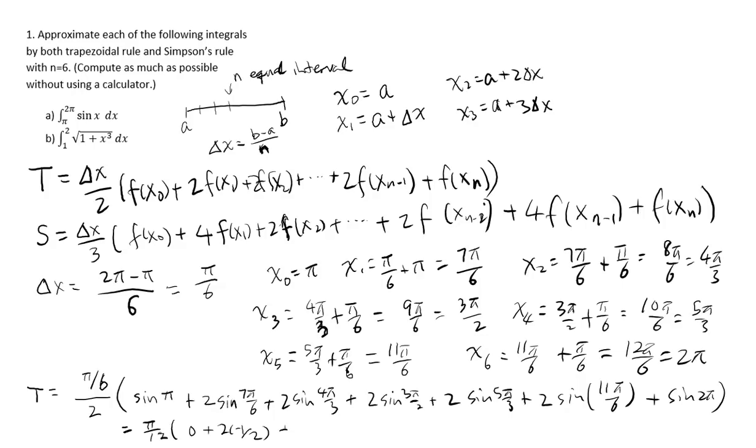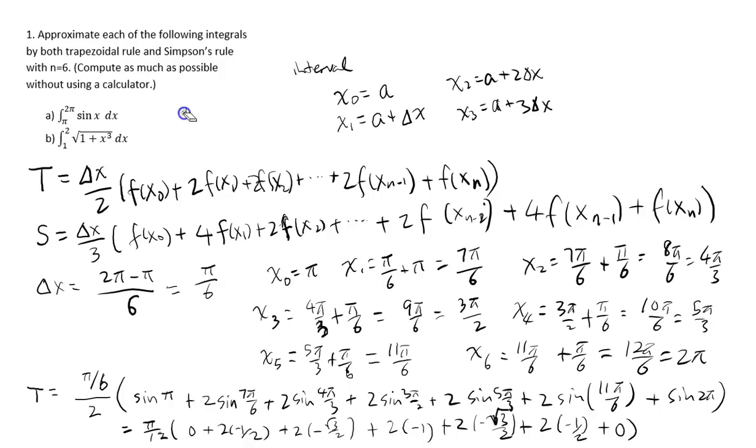This is plus 2 times negative radical 3 over 2 plus 2 times negative 1 plus 2 times negative radical 3 over 2 plus 2 times negative 1/2, and then plus 0. Okay, I don't have any room, so let me raise it a little bit. I'll raise here. And let me continue up here.